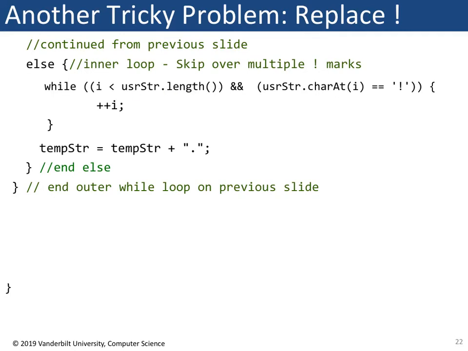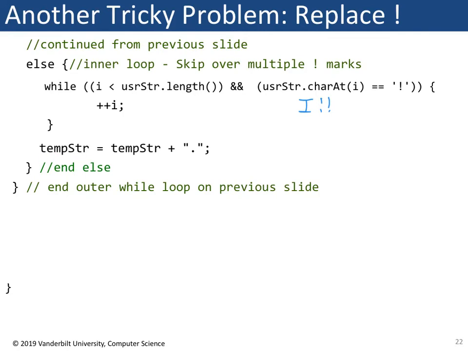So if we had the string "I" followed by 2 exclamation points, what would occur is the if from the previous slide would place the "I" directly into our temporary string.